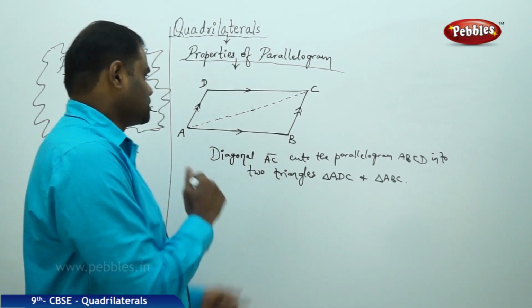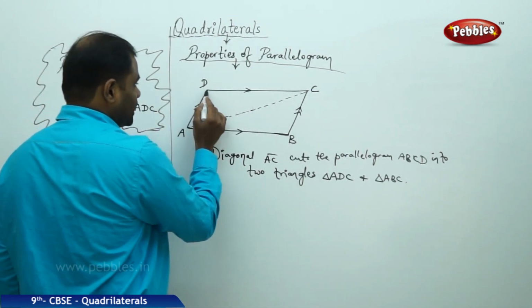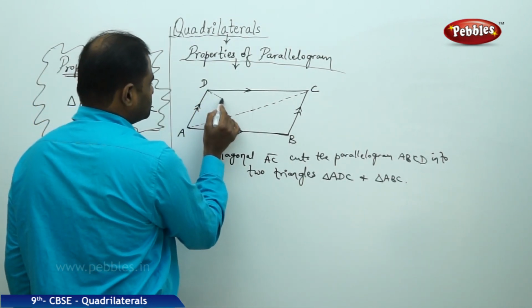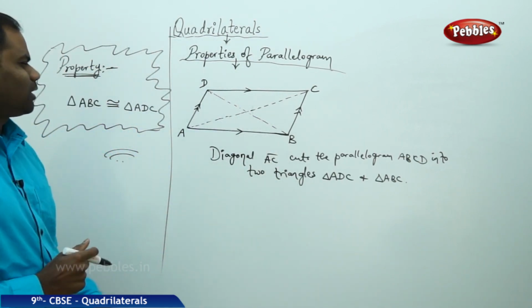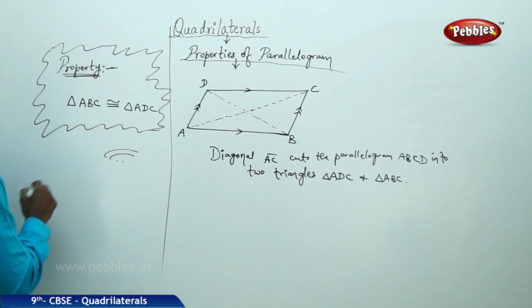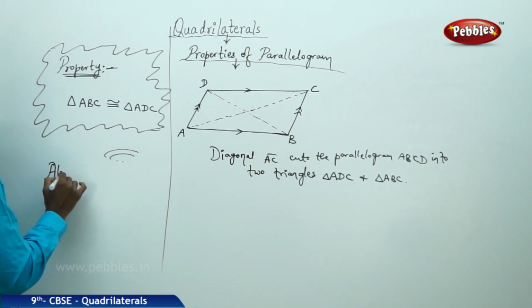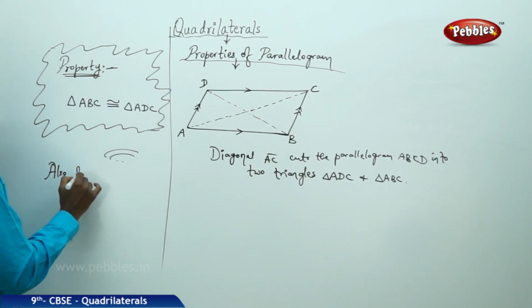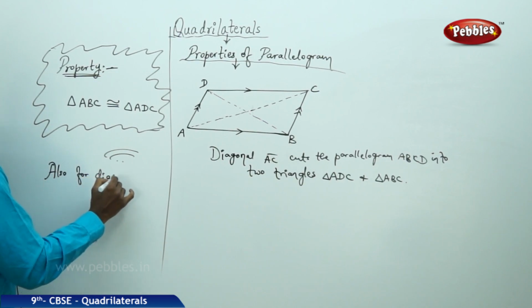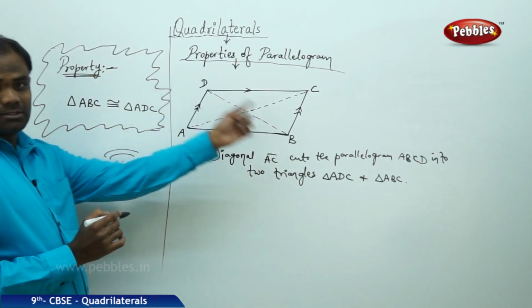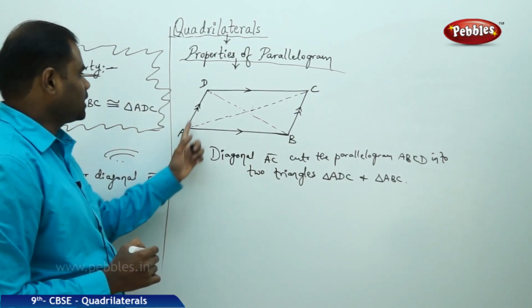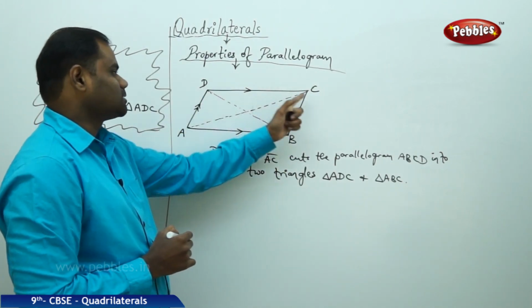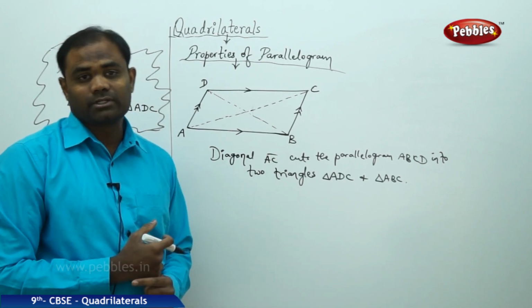Let's take the other case. Suppose I have another diagonal which joins from D to B. Now again I have triangles for diagonal BD. Out here I have two triangles ADB and BDC which are also congruent to each other.